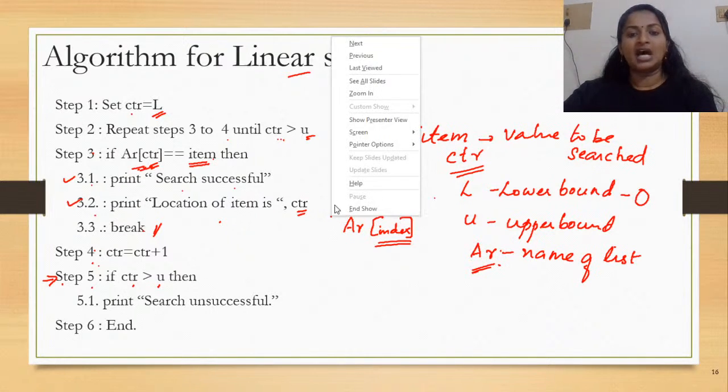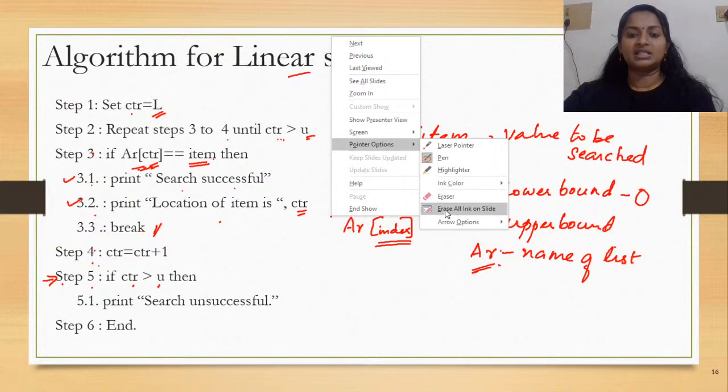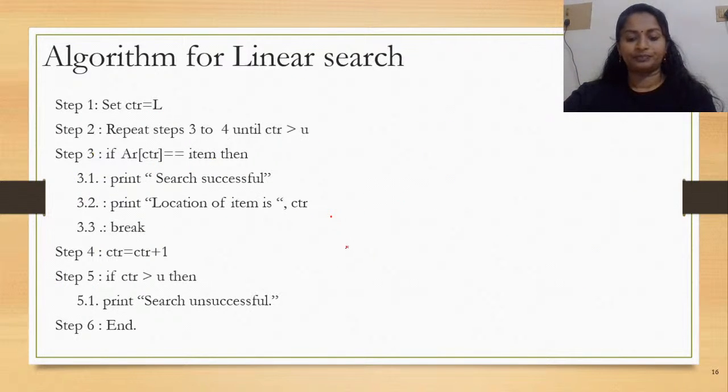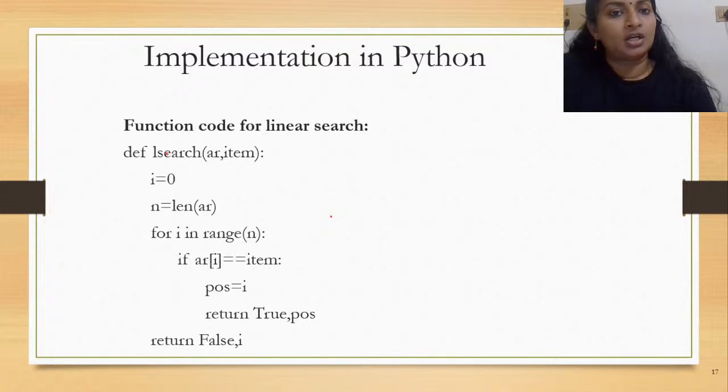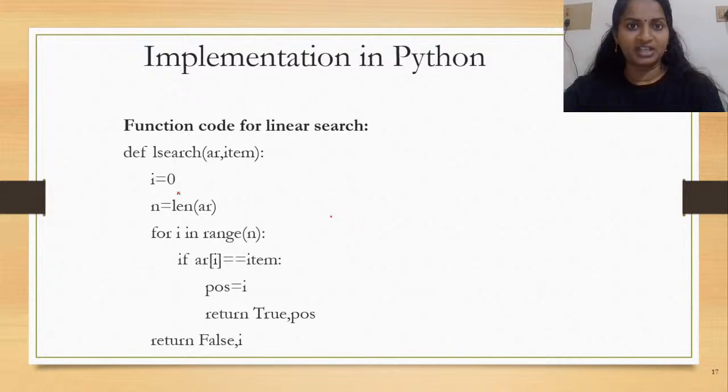Now let us see how we can implement the same in Python. I've just written the code fragment using a function. How do you write the function definition? You write using the keyword def, right? Now what is the name for your function? lsearch, the shorthand form for linear search.